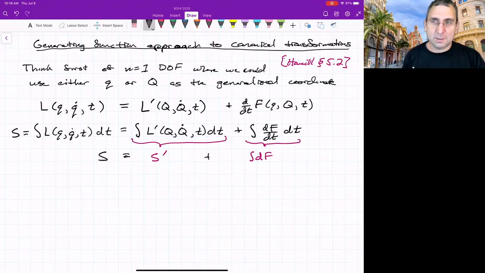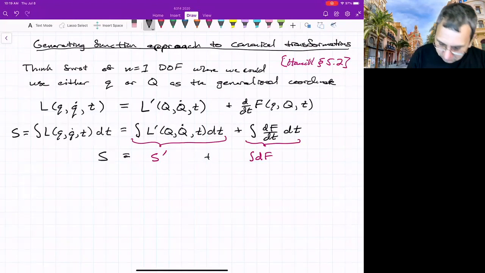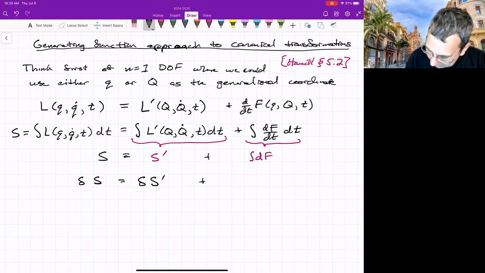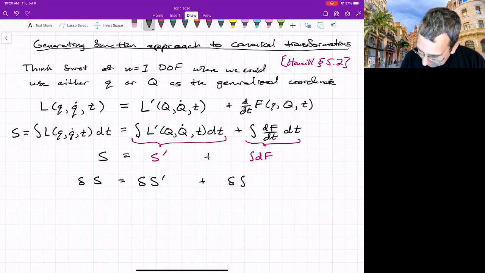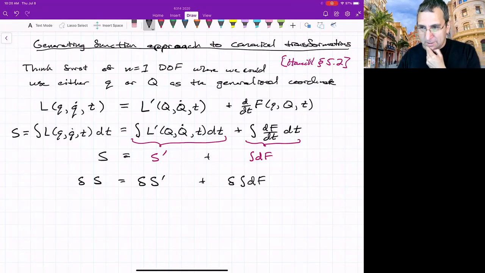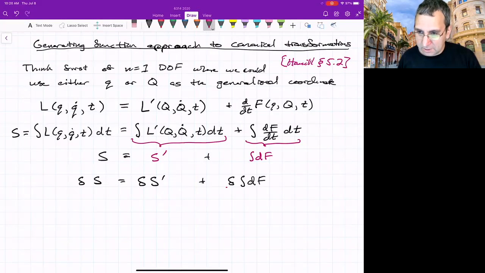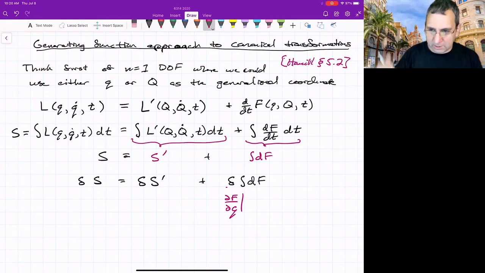And now when we take the first variation, so if we were to go through the process that we did before and put the little deltas, it'd be like delta S equals delta S prime plus delta of this integral of f, which I think we could view as just delta f. The key thing is, what we get for this delta f thing. We'll get partial f partial q. It doesn't matter kind of which one you do. Remember, I'm being loose with the notation. This is going from some initial time to a final time.